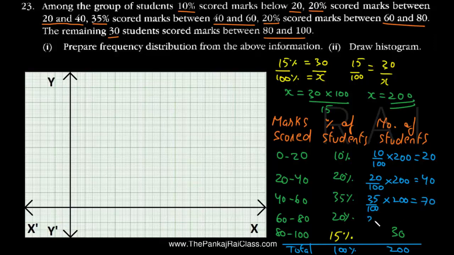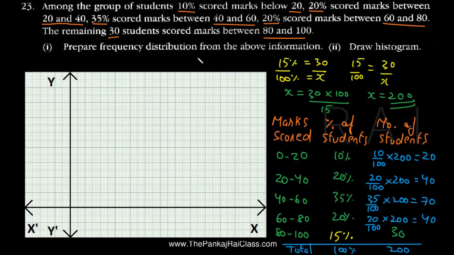And 20% of 200 will be equal to 40. You can cross check: 20 plus 40 is 60, 60 plus 70 is 130, 130 plus 40 is 170, and 170 plus 30 is 200. So that's the frequency distribution table. Now we just have to plot a histogram for this.